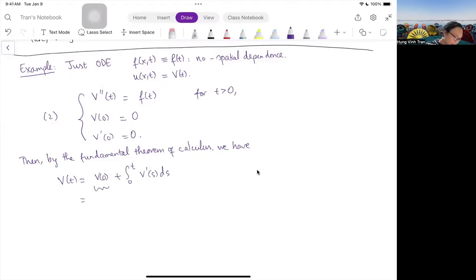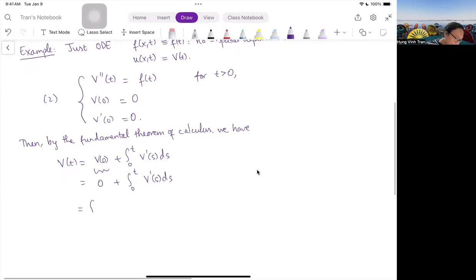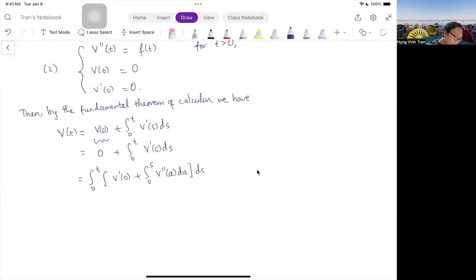So this is 0 plus the integral from 0 to t of v prime of s ds. Now I'm using the fundamental theorem of calculus again for v prime. So this equals the integral from 0 to t, and v prime of s is equal to v prime of 0 plus the integral from 0 to s of v double prime of a da, and everything ds. And again, I'm using the fact that v prime of 0 is given to be 0.